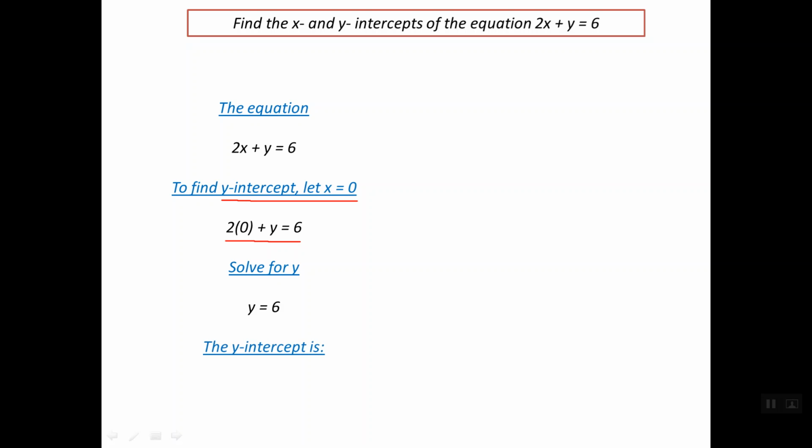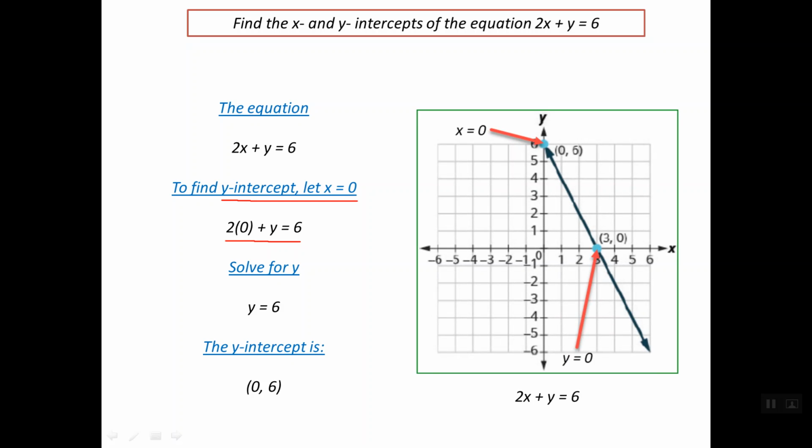So the coordinates of the y-intercept are simply 0 and 6. We can make sure that this result is correct by returning back to the diagram. As you see here, this is the y-intercept point, and the coordinates of this point are 0 and 6. It is the same as we got.